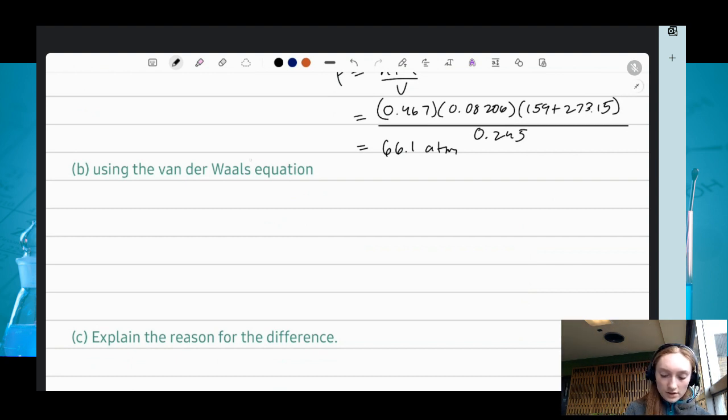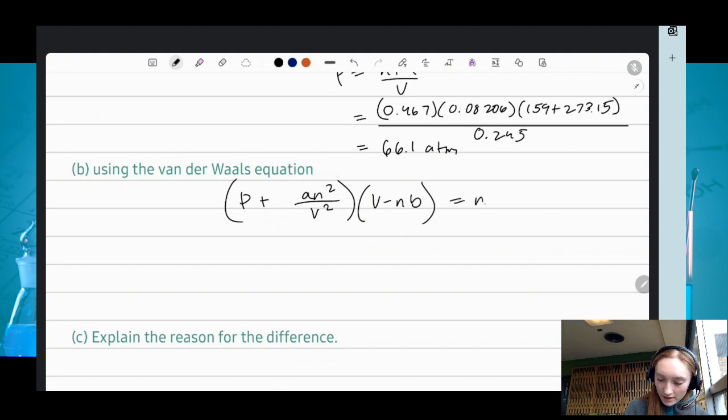So this equation is such: (P + an²/V²) times (V − nb) equals nRT. The a is a constant, and the b is also a constant.